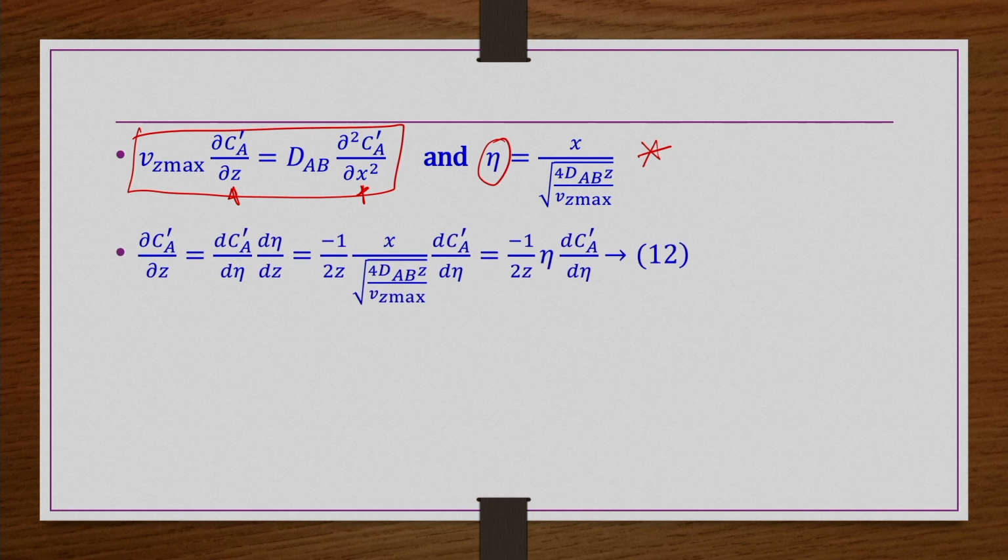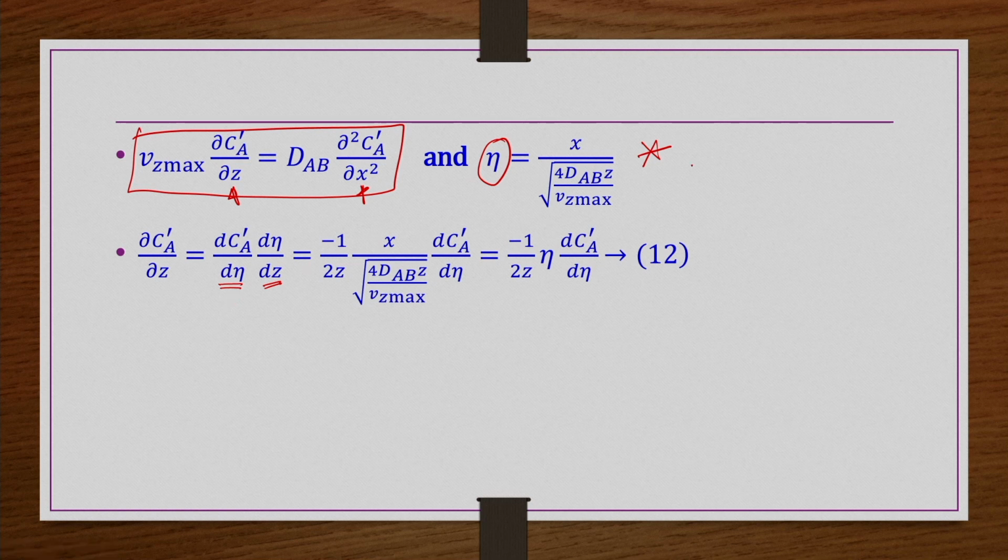So, let us say ∂Ca' by ∂z is equal to ∂Ca' by ∂η multiplied by dη by dz. Since we are now writing Ca' as a function of only one variable, in place of ∂ I am writing d directly. Okay.